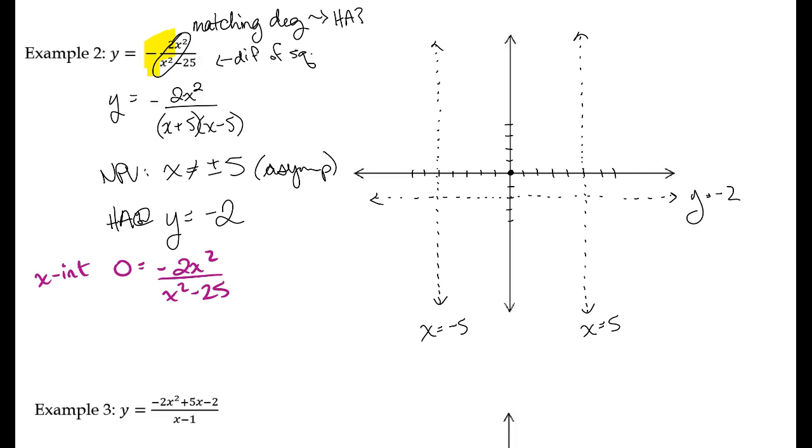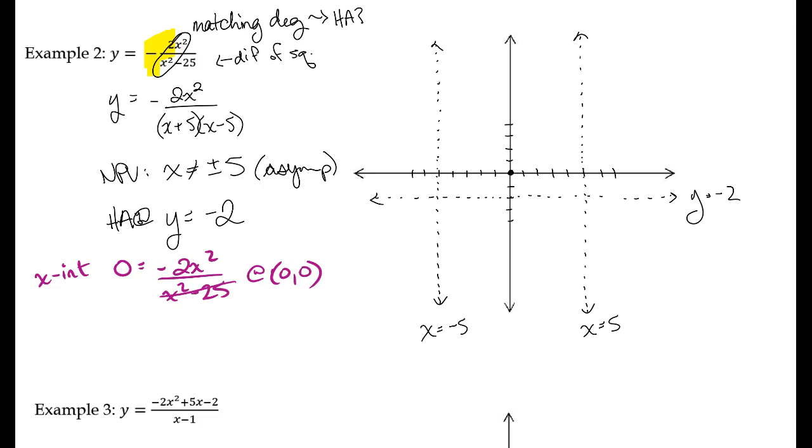Multiply this out of the denominator though, and that disappears. The negative goes, so does the 2. Square root of 0 is 0. So that's where that value came from. Okay, and then that also solves for my y-intercept, so that's kind of nice.